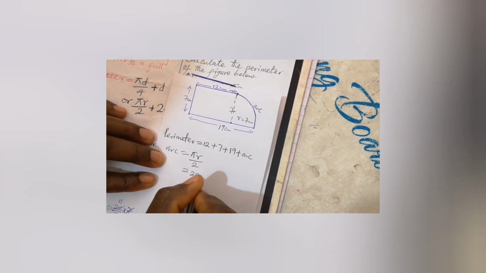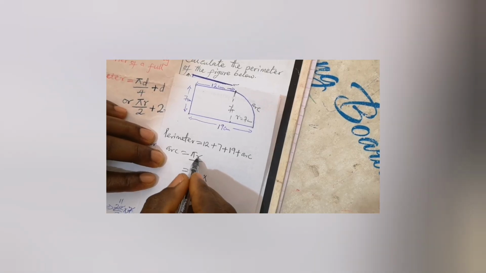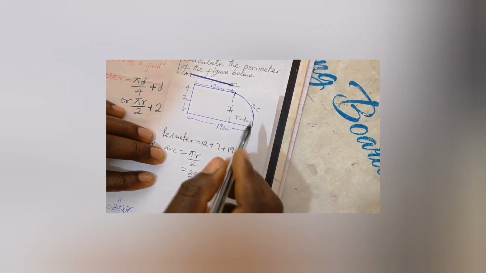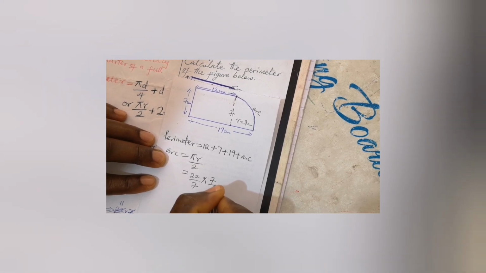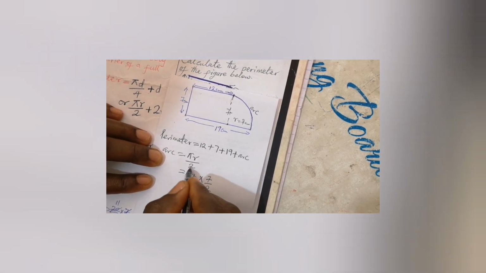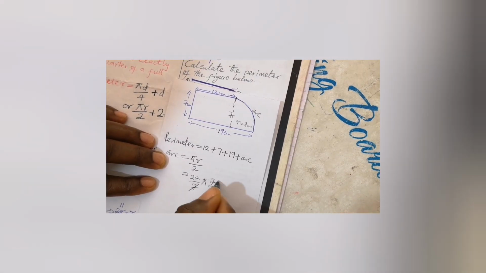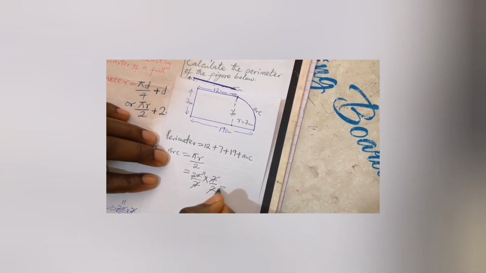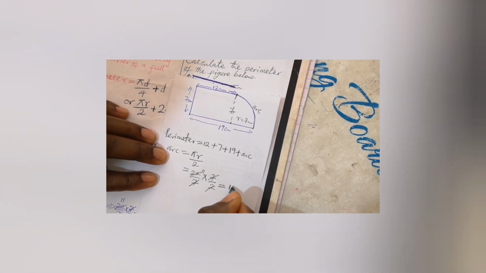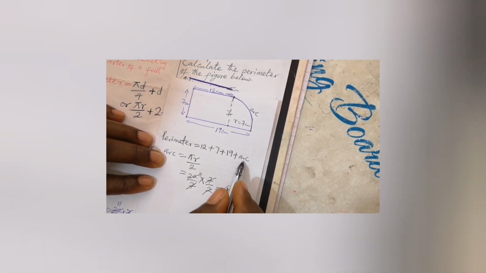Now what is the value of pi? Pi is 22 all over 7, times r. Our r is 7, from what we did here. Then all over 2. Then if I cancel out, here will be 11. Our arc will now become 11. So I will now plug this 11 into this place.